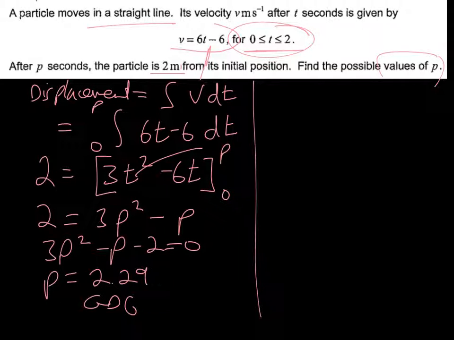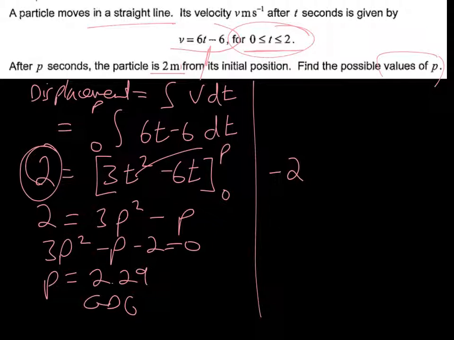The only other possible solution here is that our inference that the displacement is 2 is not necessarily true. All we're told is that the particle is 2 meters from its initial position. So at this point here, it could actually be negative 2 meters. So it could be 2 meters in the other direction in terms of the displacement.